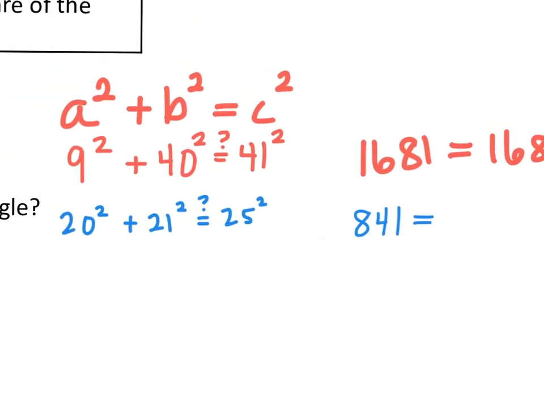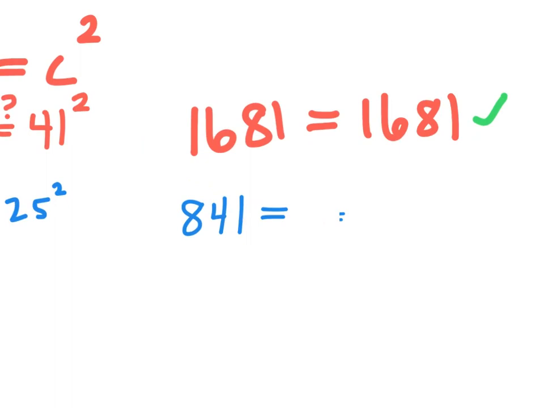On our right side, 25 times 25 is 625. And obviously, 841 and 625 are not equal. So this is a triangle, but it's not going to form a right triangle.